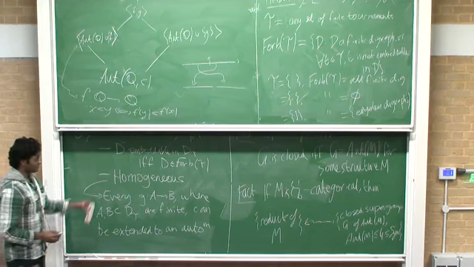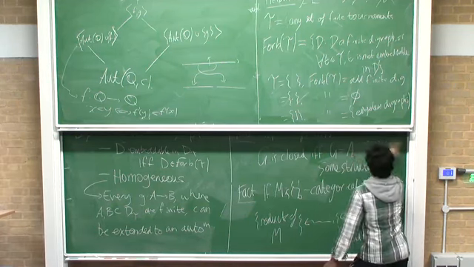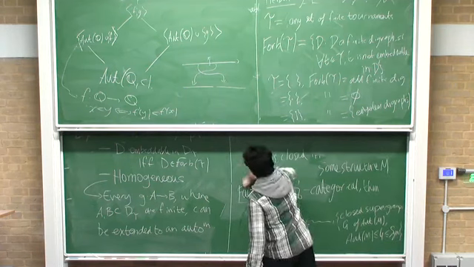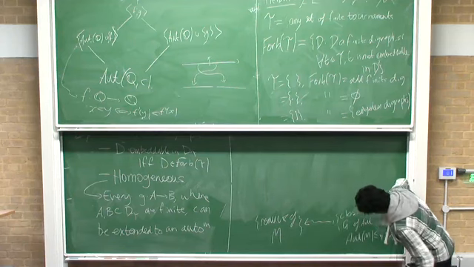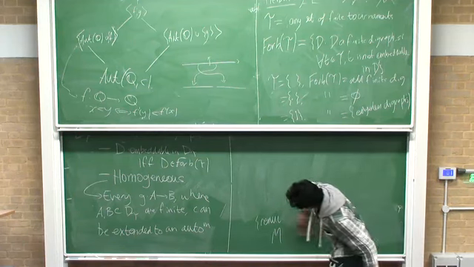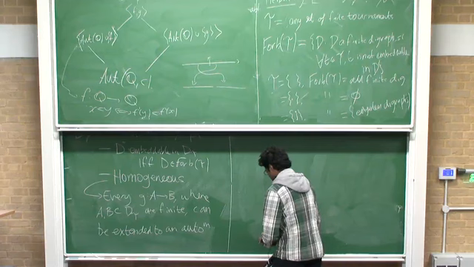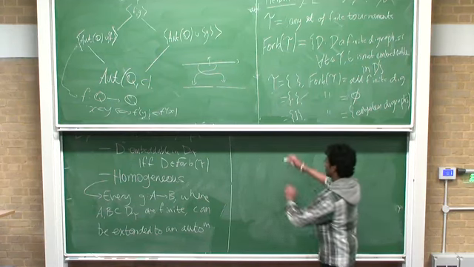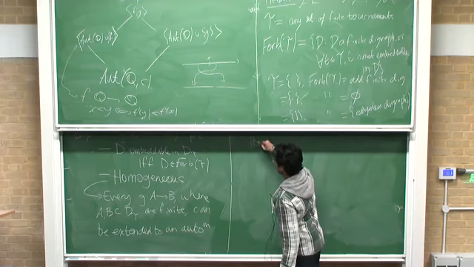If you've never seen homogeneous before, maybe a couple of quick examples to give you a bit of intuition. Actually, non-examples. The first non-example will be just the natural numbers with a linear order.